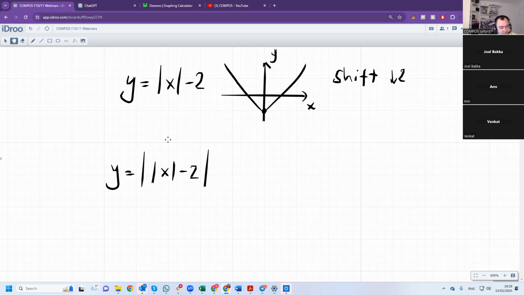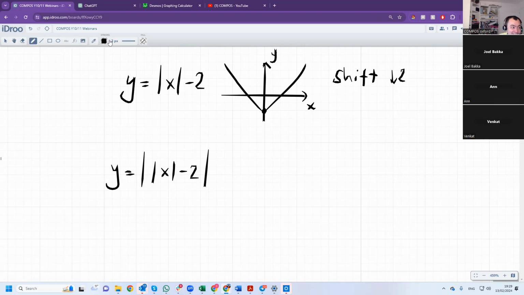Kindergarten is more like German. What does the modulus do? It makes negative things positive, right? This is the simple answer. The modulus makes negative things positive.